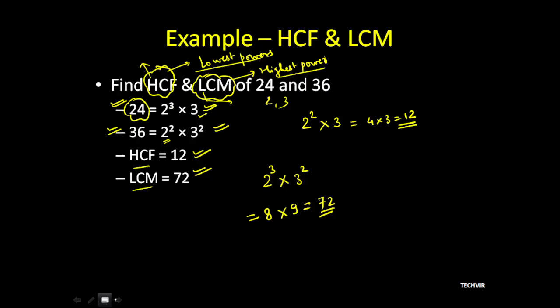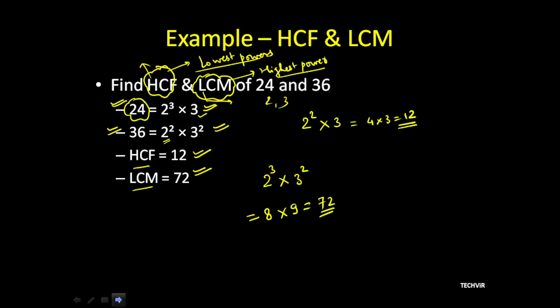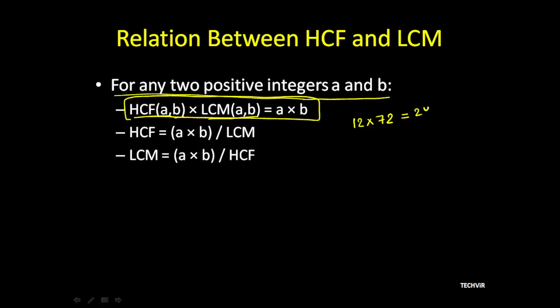As per this statement, the product of HCF and LCM, where HCF was 12 and LCM was 72, so 12 multiplied by 72, will be equal to the product of the numbers, 24 multiplied by 36. You can cross-check this by multiplying these numbers; the product will be the same. So this is a very important result.